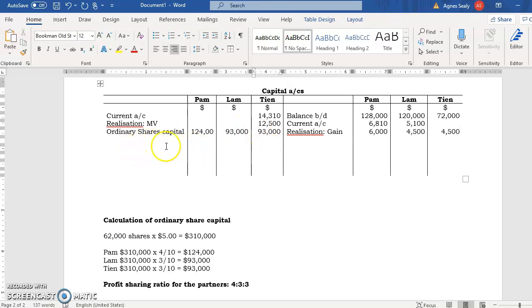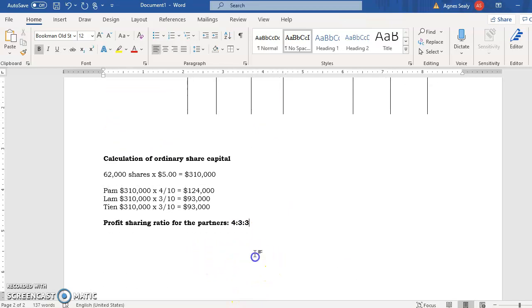So that's our ordinary share capital. Now let's look at the calculation for our preference share capital.